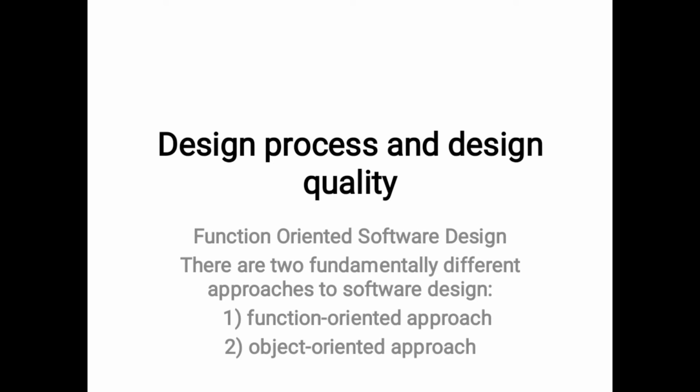There are two fundamentally different techniques in software design. One is the function oriented approach, the second is the object oriented approach. In the object oriented approach, there should be object oriented software engineering.